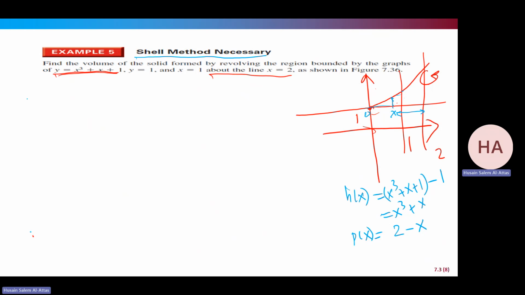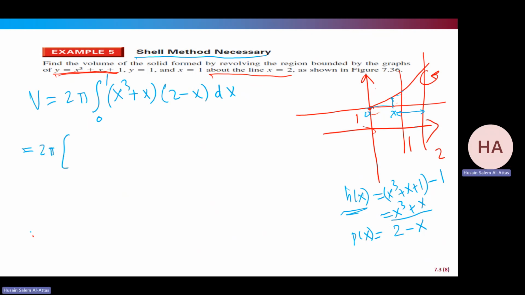I have everything. So the volume will be 2π times the integral from 0 to 1 of h of x, which is this one, times p of x, which is 2 minus x, dx. Now we'll do just the calculation. Let me do the calculation.